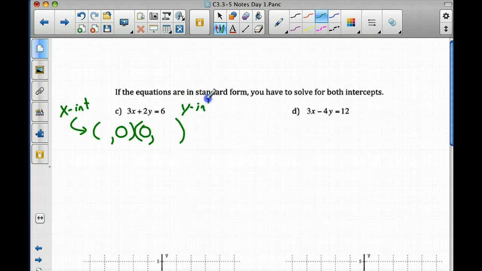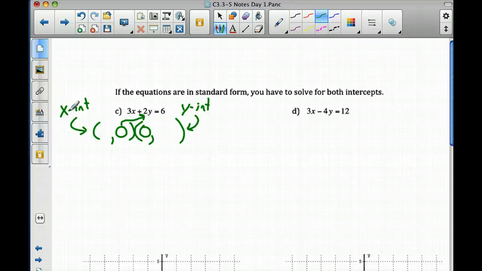The second point is going to be the y-intercept. This is just a sneaky way to have you guys do 2 problems. For the first problem, we're going to take a y value of 0 and plug it in for y, because y is 0 for the x-intercept.